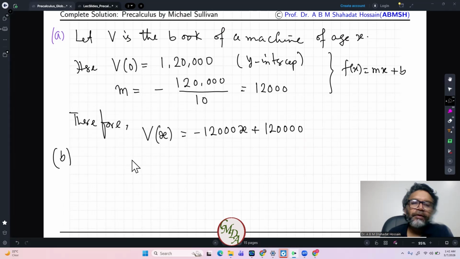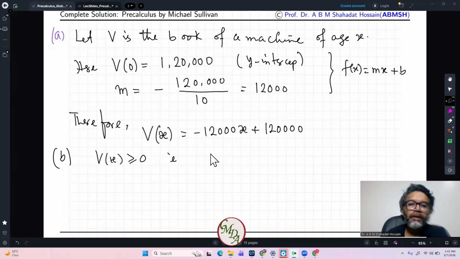V of x cannot be negative; it will be zero when the price is zero. So V of x must be greater than or equal to 0.